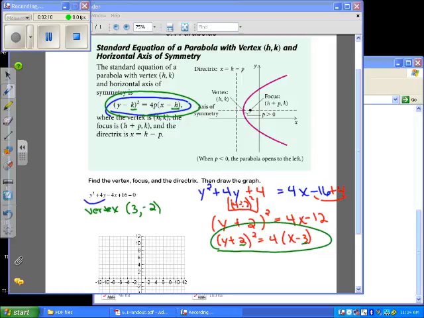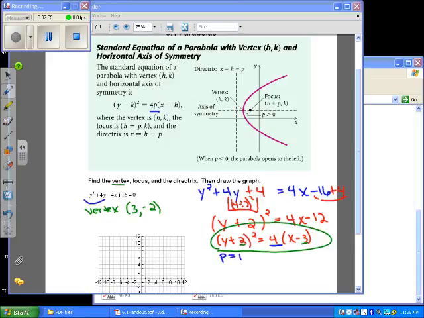Let's identify a couple other things that they ask us to do. We found the vertex. Now let's find the focus. The first thing we do to find the focus is identify p. Let me erase this first so I have more room. If you look on the right-hand side, we have 4 times p. If we look over here, we can tell that p must be equal to 1.